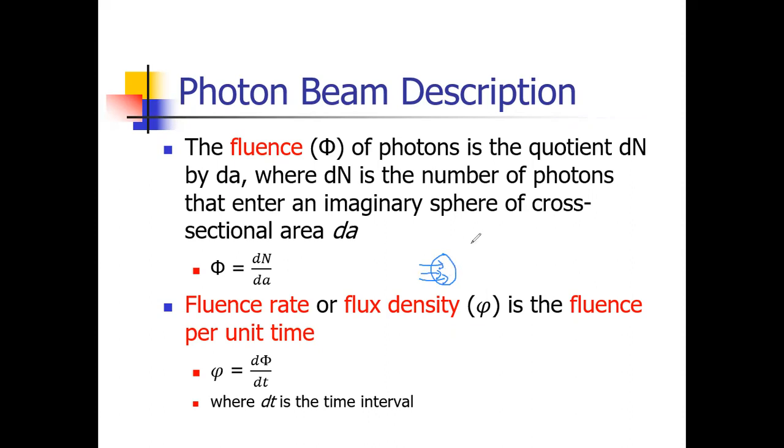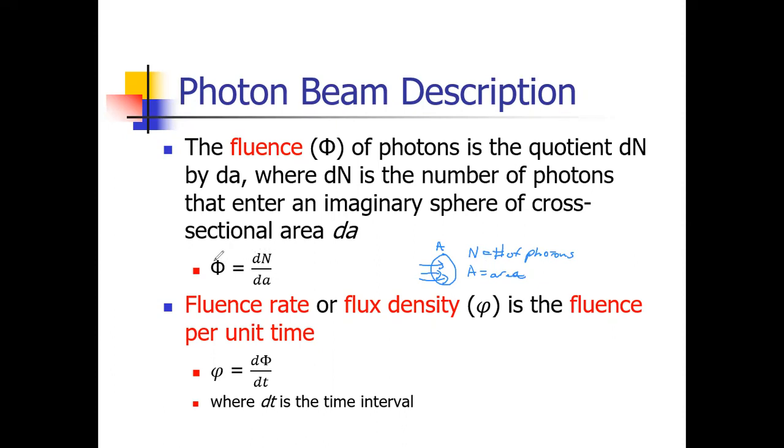The number of particles that make it through that particular cross-sectional area is N. That's the number of particles or photons. In this case, we're referring to photons. And the area that it's coming through is basically the shape here of that circle. So it's the area that we're concerned with.